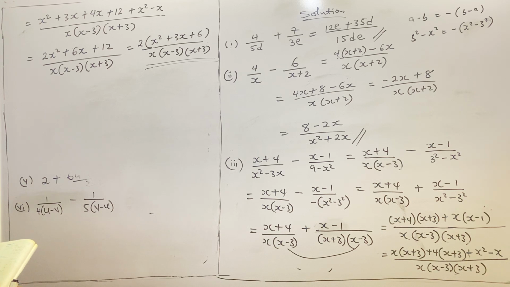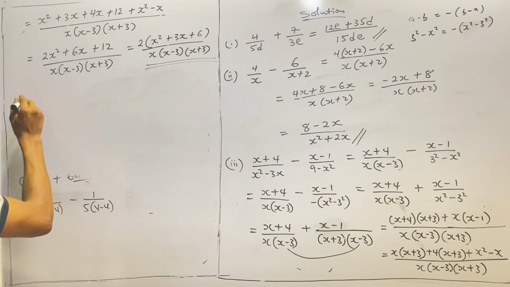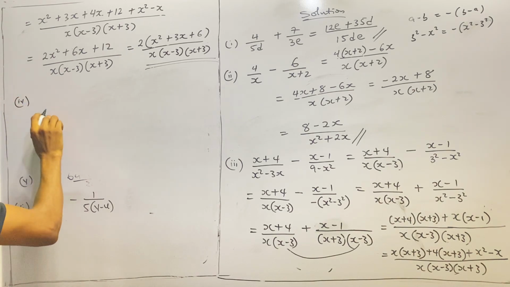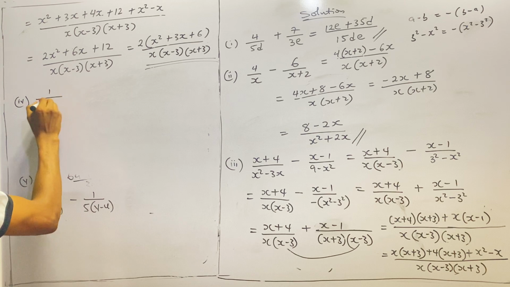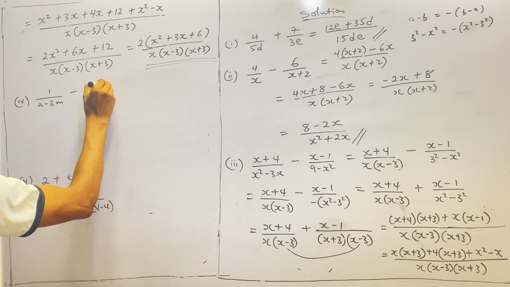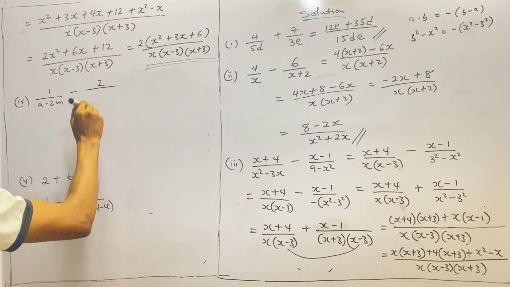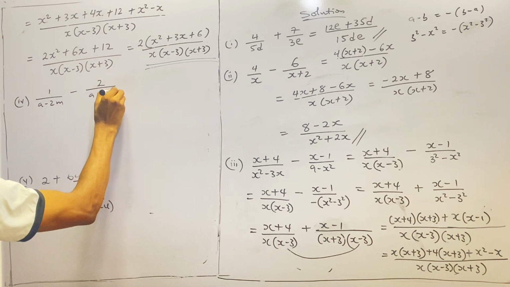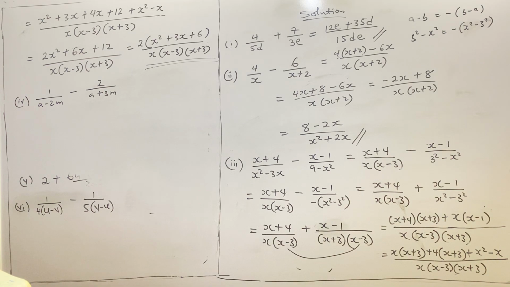Let me consider this one as our IV: 1 over a minus 2m minus 2 over a plus 3m. Okay, so our V, and VI is this one, number 13.